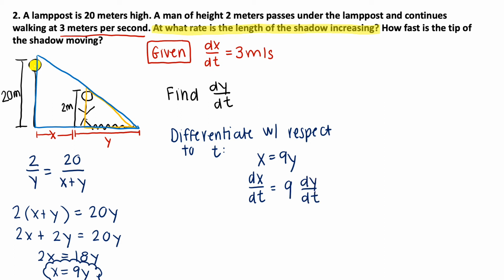So we are looking for dy/dt, but we know that dx/dt is equal to 3. Dividing by 9 on both sides, we get dy/dt, the rate that the length of the shadow is increasing, is equal to 1/3 meters per second.